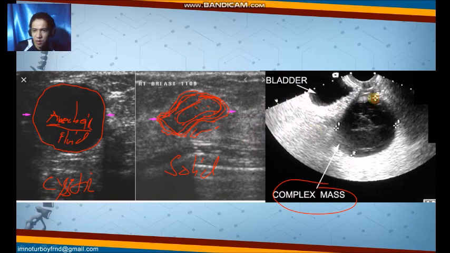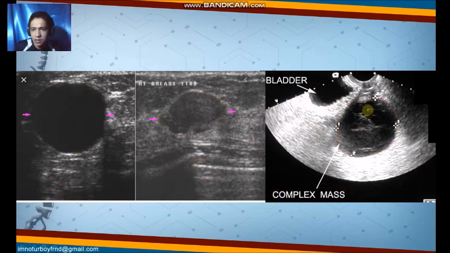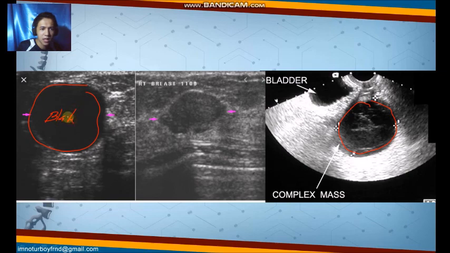And then for the combination of both, let me see. When you compare, the whole of the cyst is almost black, anechoic, while the whole of the other mass is almost gray.